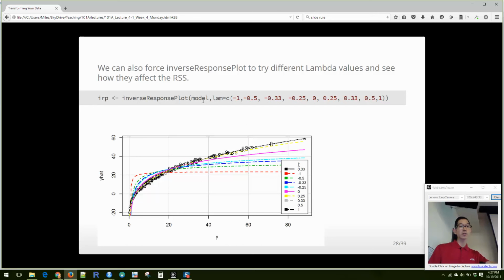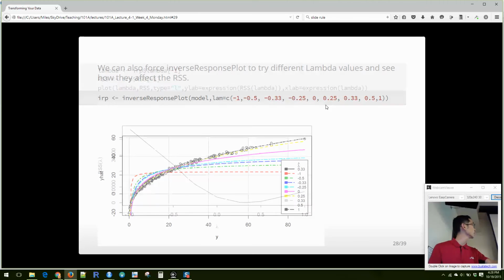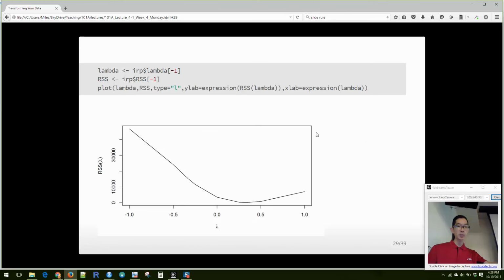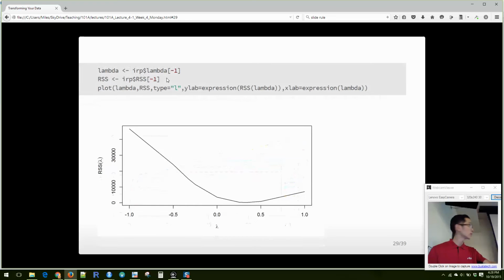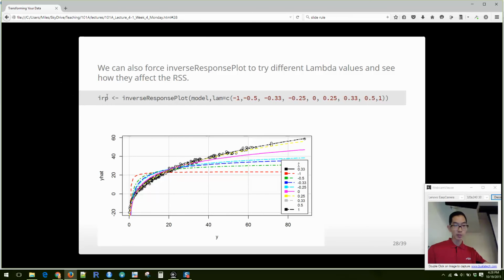Okay, you can also force it and say, hey, I want you to try all of these different lambdas, okay? And so it tries all of these things, and it says, okay, I did it. And then we can plot. When you run inverse response plot, you can store it as an object here.